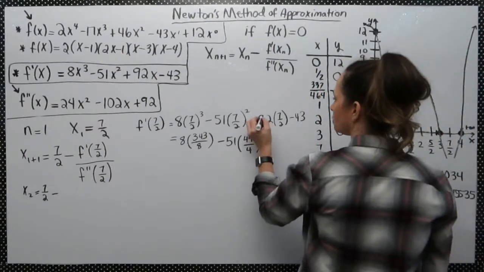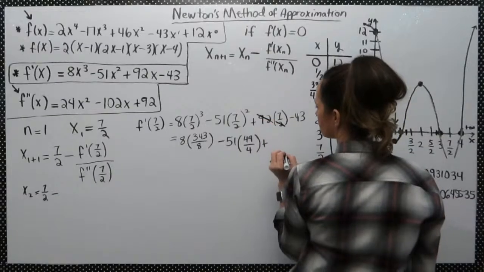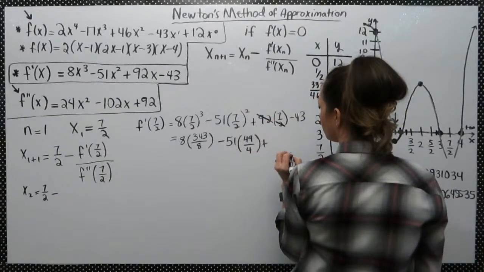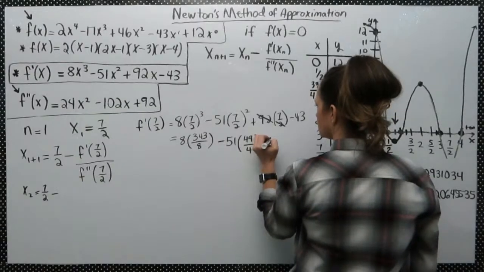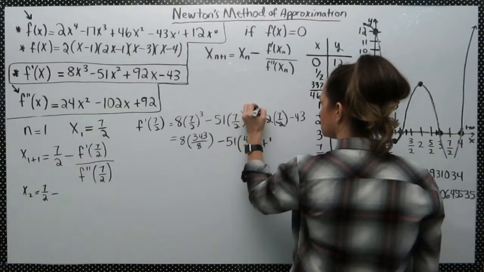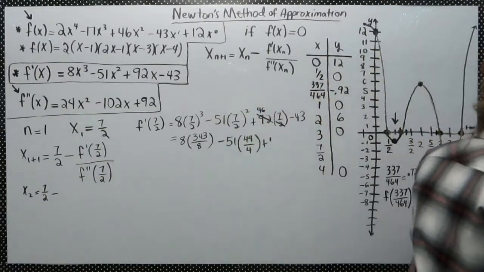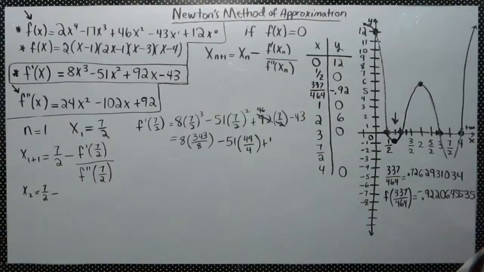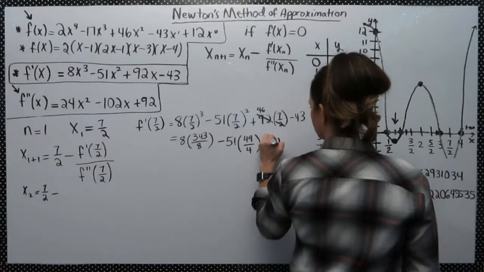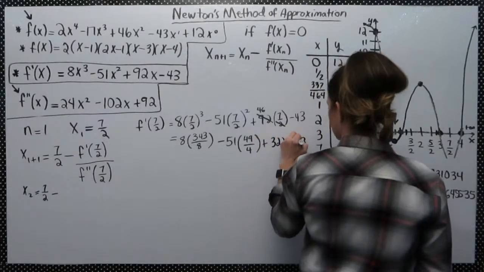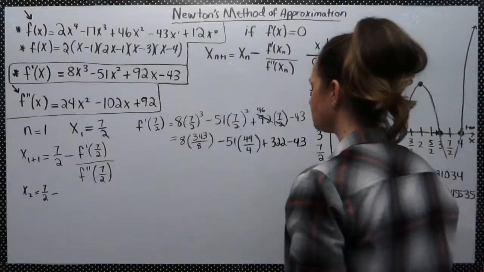What we'll do is reduce this down. 92 divided by 2, that's 46. So we've got 46 times 7, 322. So we've got 322 minus 43, and we'll figure that out before we add these fractions.